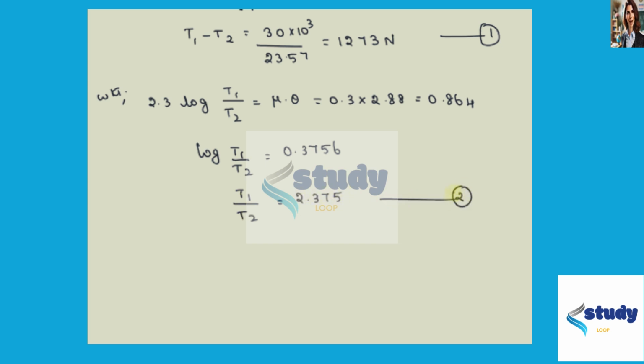Let it be equation 2. Here, taking anti-log, we get this value. So from equation 1 and 2 we can find T1 is equal to 2199 Newton and T2 is equal to 926 Newton.